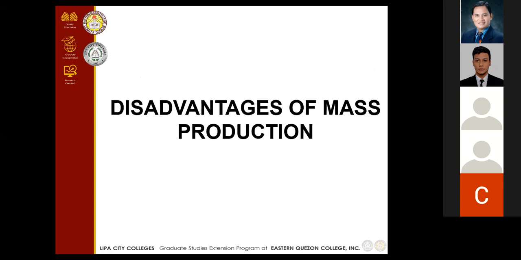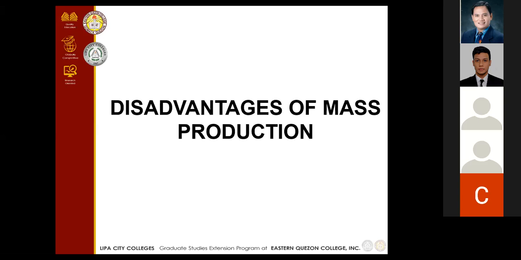The disadvantage naman is yung machinery for mass production is expensive to buy. So production lines are very expensive to set up. And then workers are not very motivated since their work is very repetitive, gaya nung sa batch production.